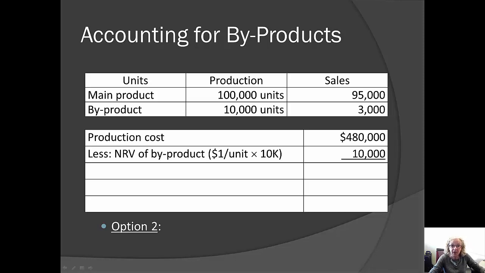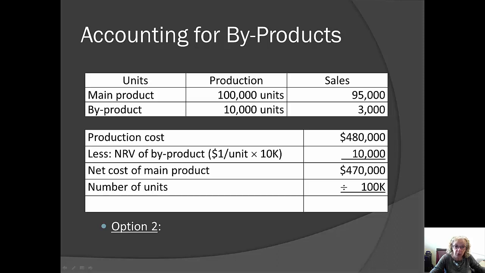If we end up with 10,000 units of our byproduct and they can sell for $1 a unit, that means we can reduce our production cost by $10,000. In that case, we would recognize the new cost of the main product to be only $470,000, which we would allocate across all the units that we make, and that would reduce the recognized cost for each unit.